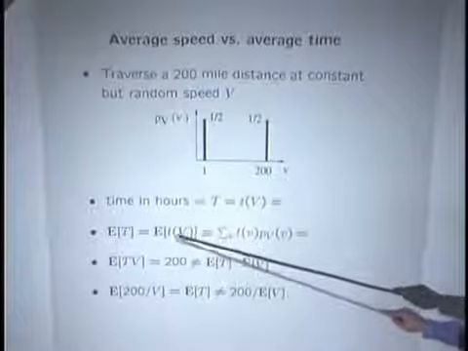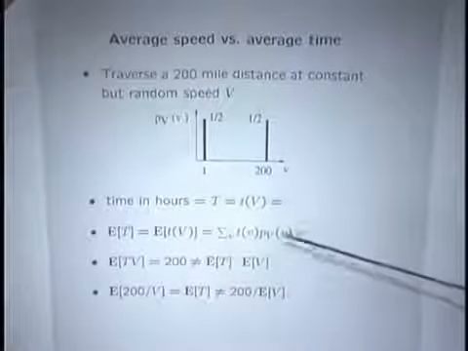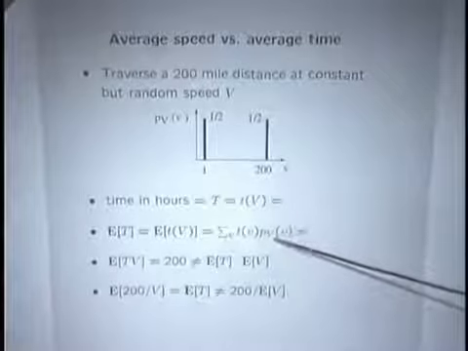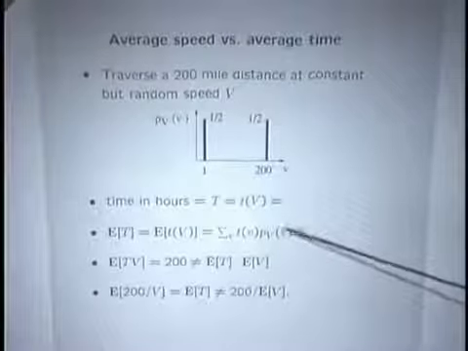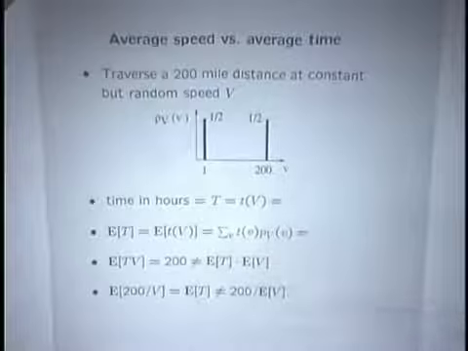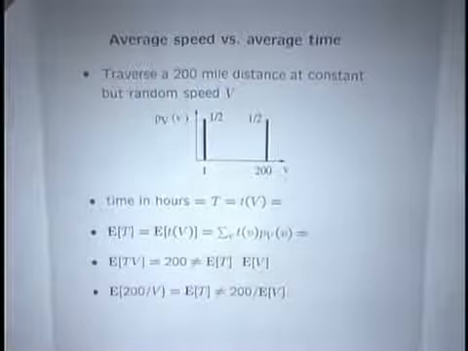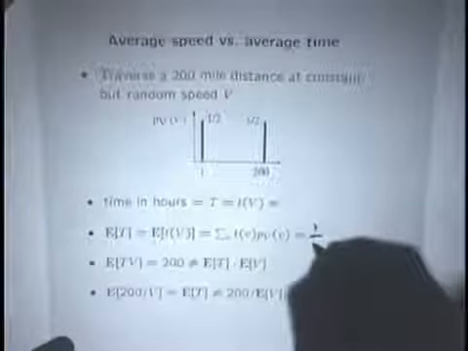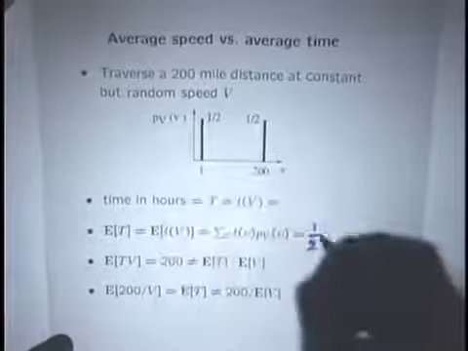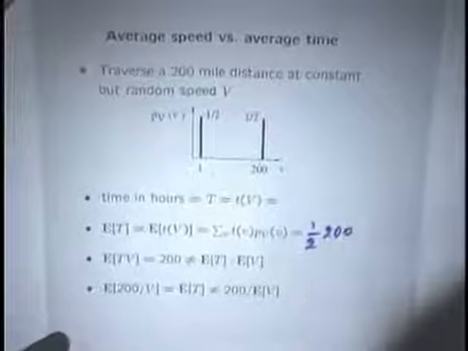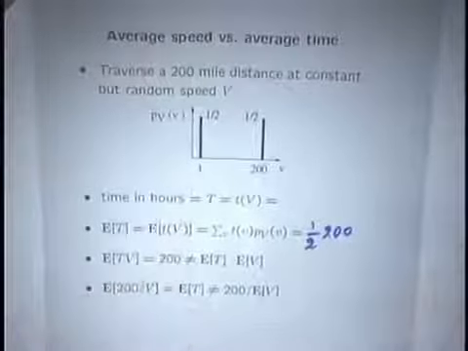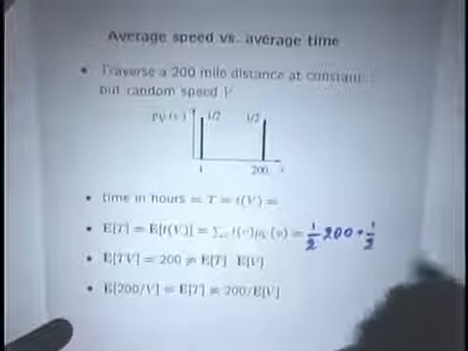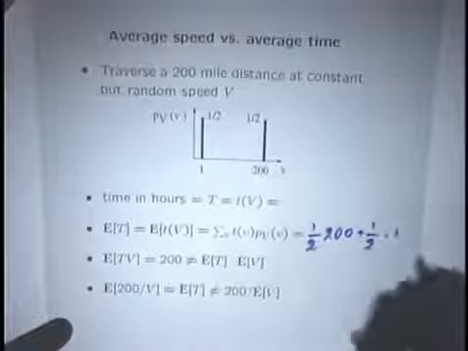We can find the expected time by looking at all possible outcomes of the experiment, the V's, weigh them according to their probabilities, and for each particular V, keep track of how much time it took us. So if V is 1, which happens with probability 1/2, the time it takes is going to be 200. If we travel at speed of 1, it takes us 200 time units. And otherwise, if our speed is equal to 200, the time is 1.